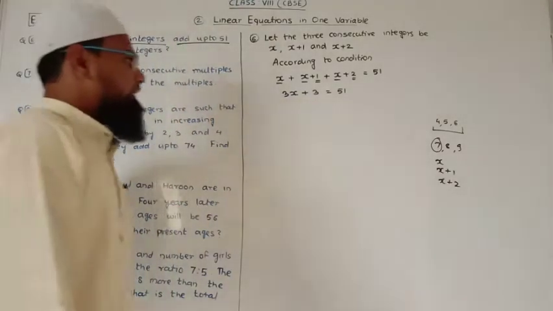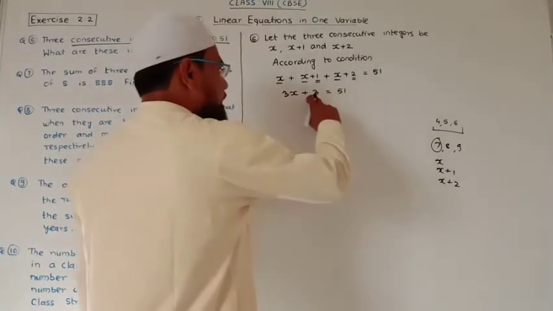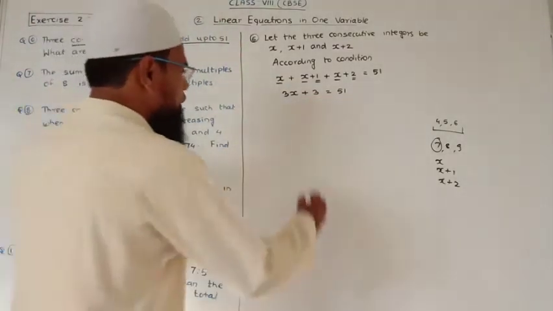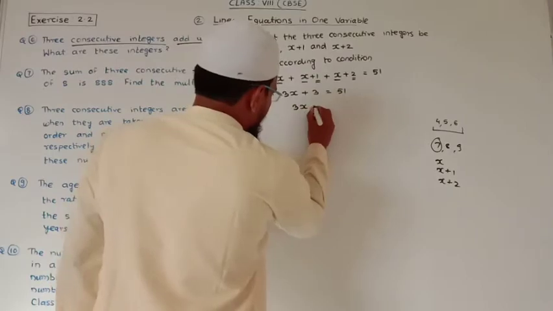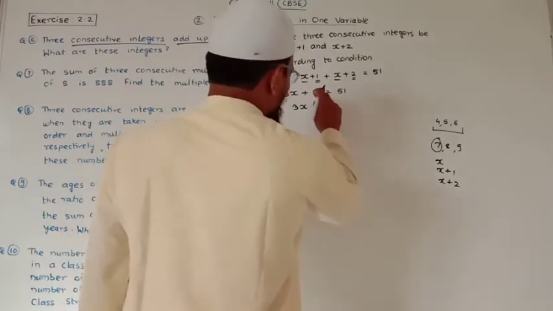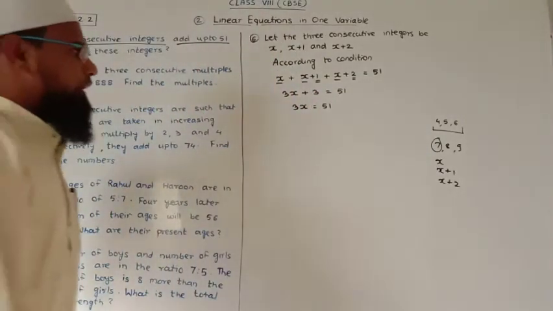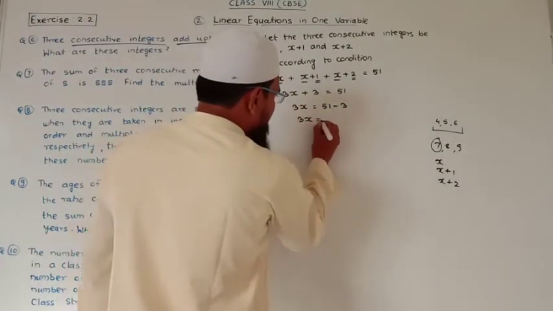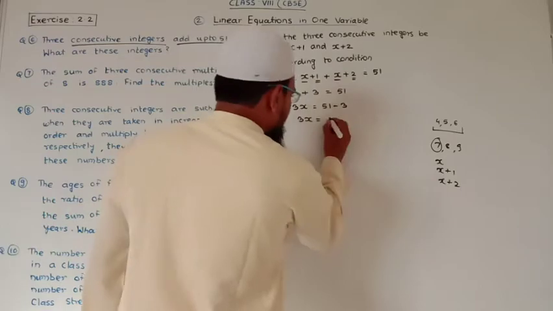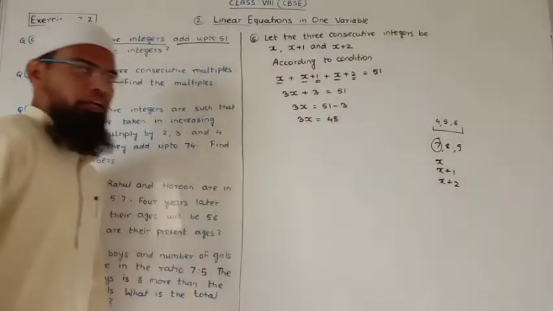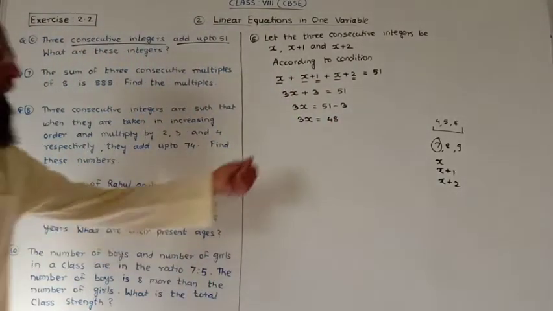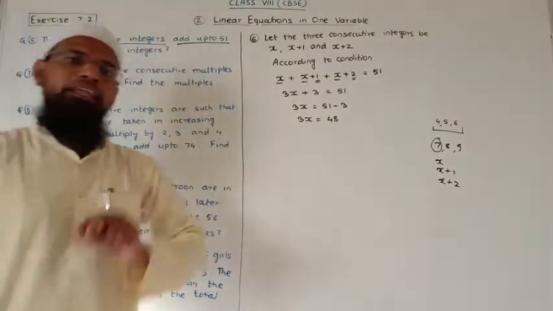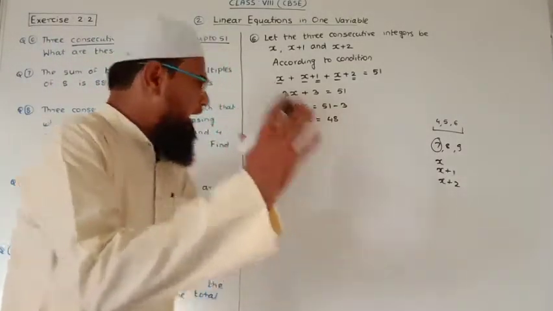So we take the constant to the RHS. 3x as it is, and when we transpose plus 3 it becomes minus 3, and we get 3x is equal to 51 minus 3, which is 48. Now 3 is multiplying, and we know that when a multiplying term is transposed, it becomes divide.